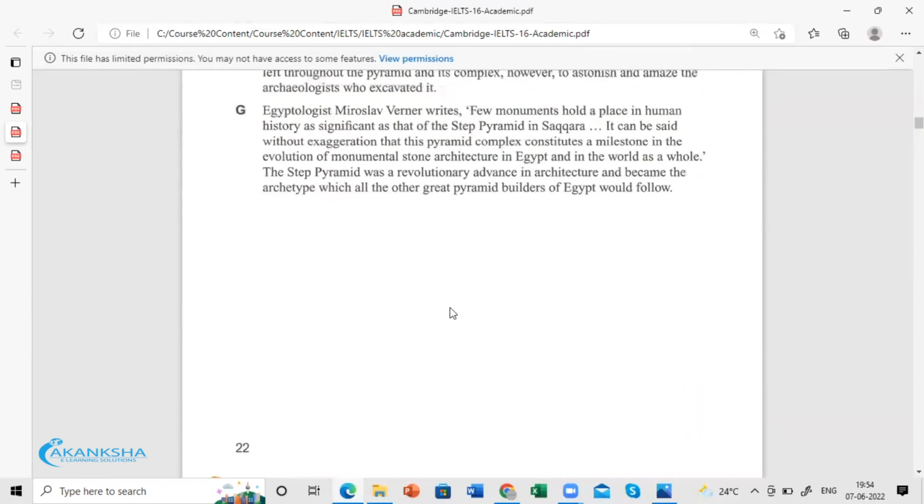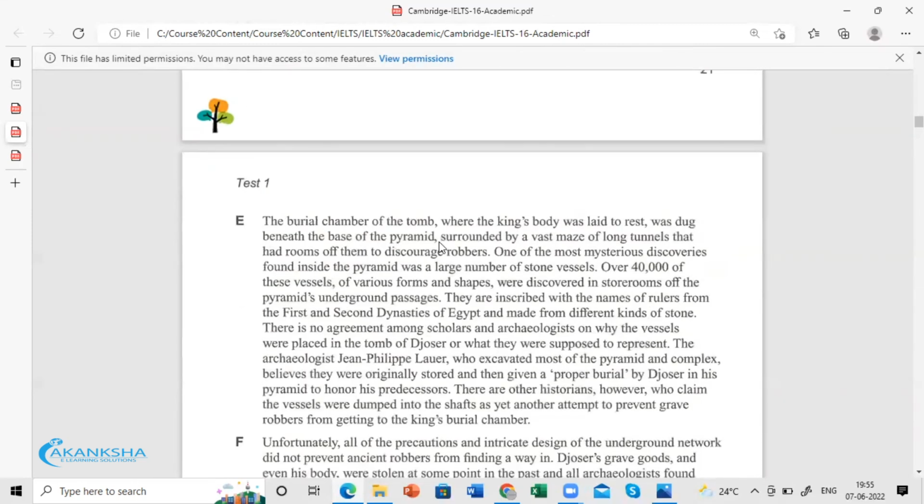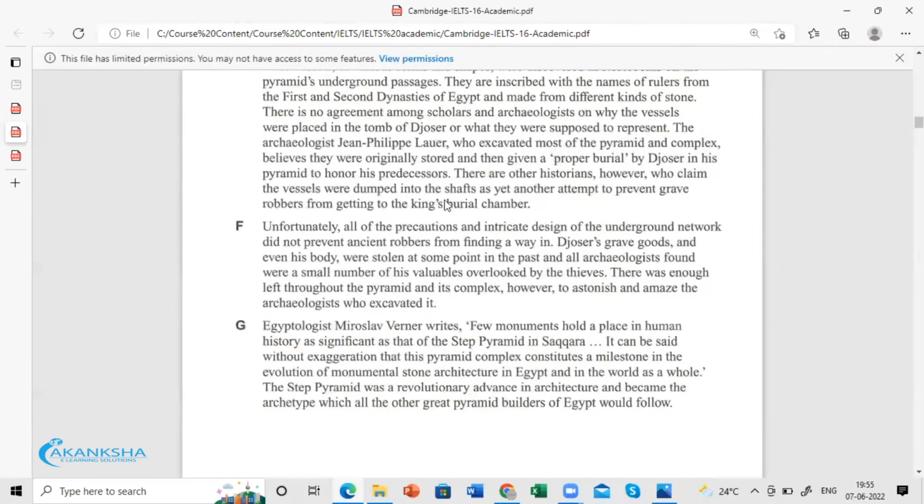It is on page number 22, as you can see, and I've already sent the document to all of you. Please try to do these three questions, E, F, and G, and send across the answers when you finish.